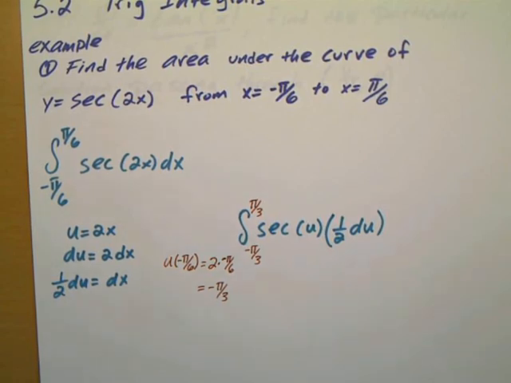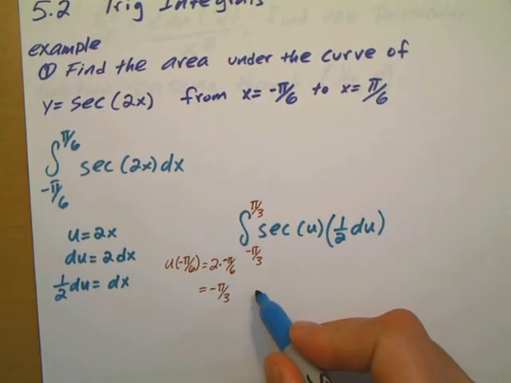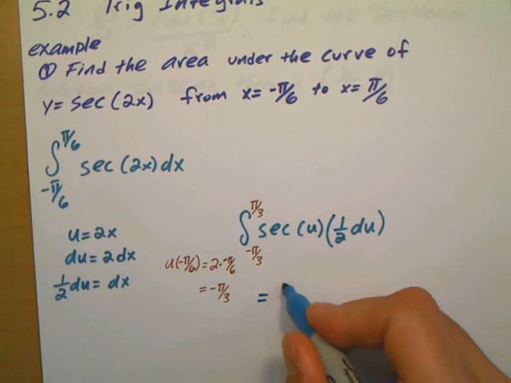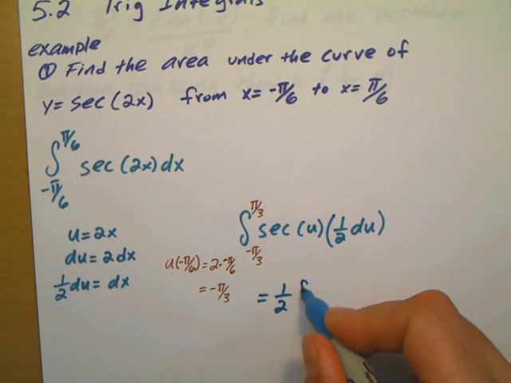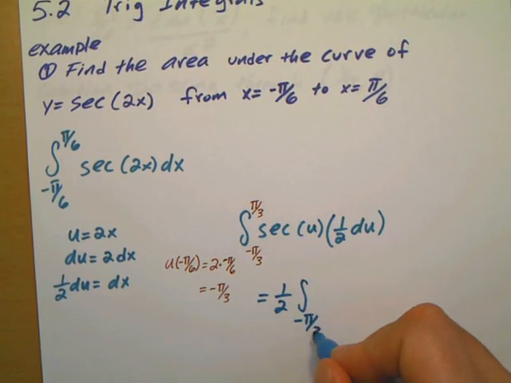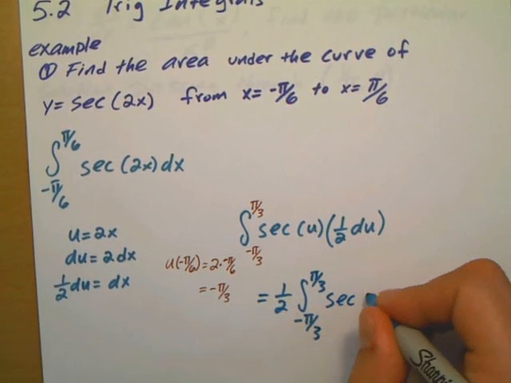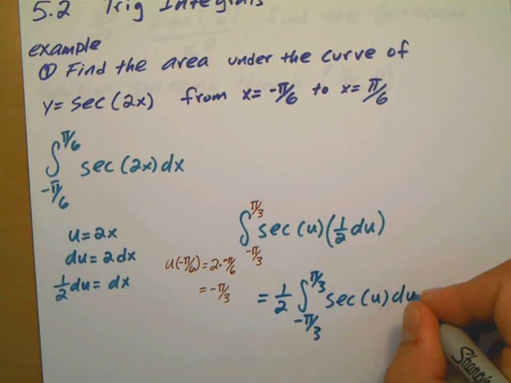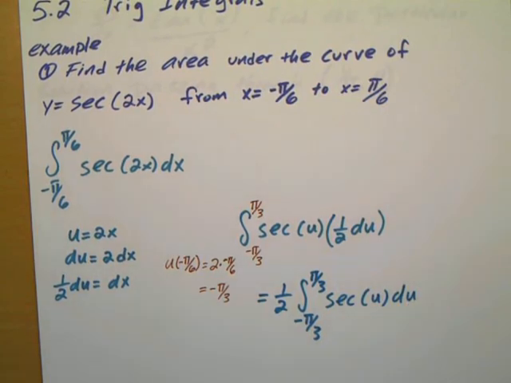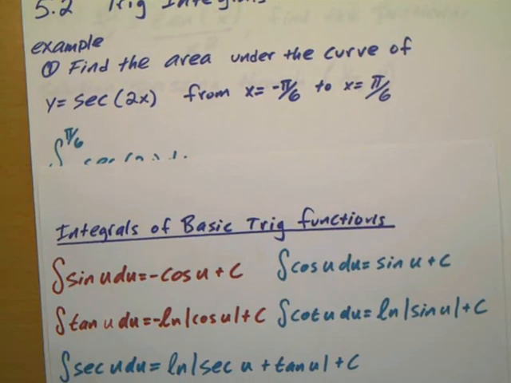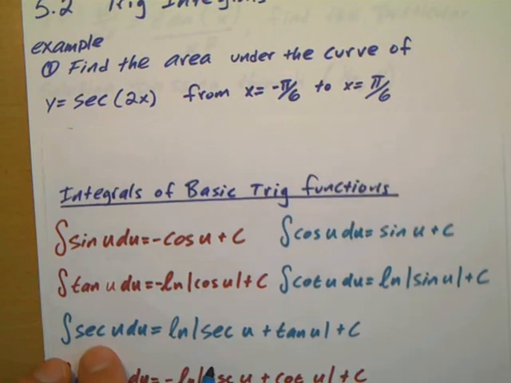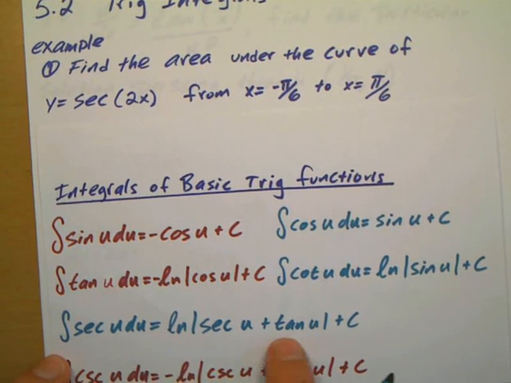Continuing, I can factor this 1/2 out in front. So it's going to be 1/2 the integral from negative pi over 3 to pi over 3 of secant of u du. And then the integral for secant is ln of secant plus tangent.